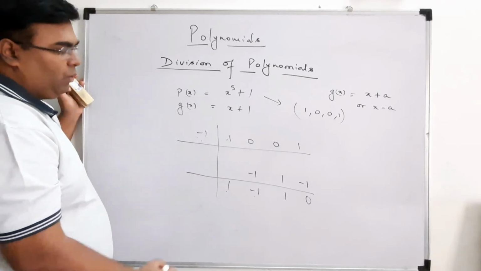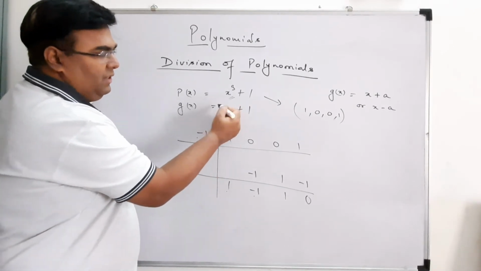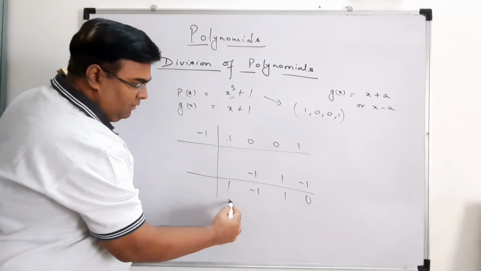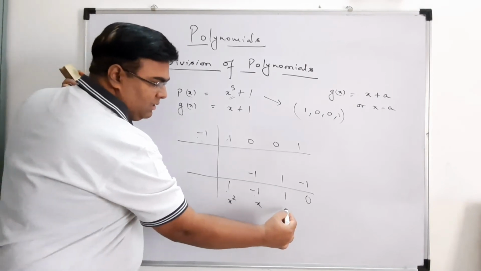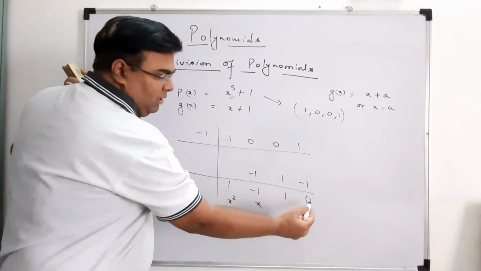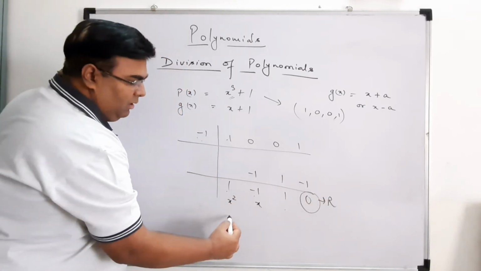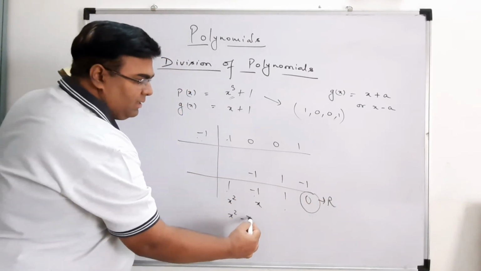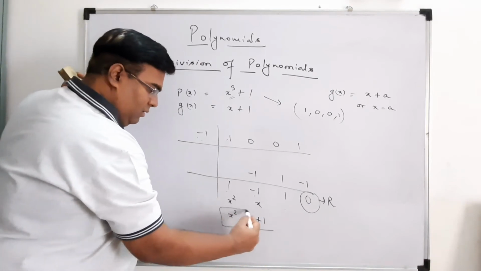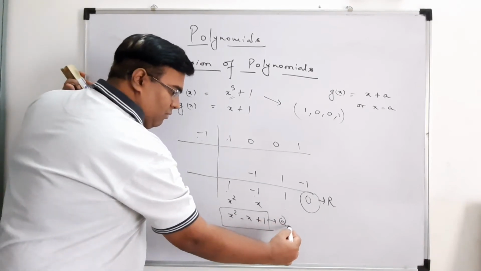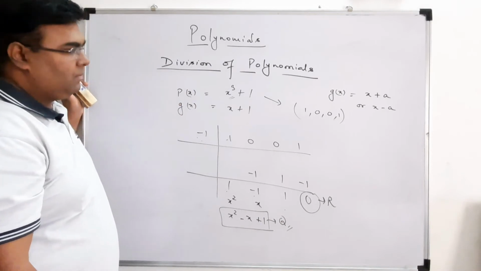So my quotient will be, we started with x cube, so here it will be x square, x and the constant term, this is what? The remainder. So quotient will be x square minus x plus 1. Correct?